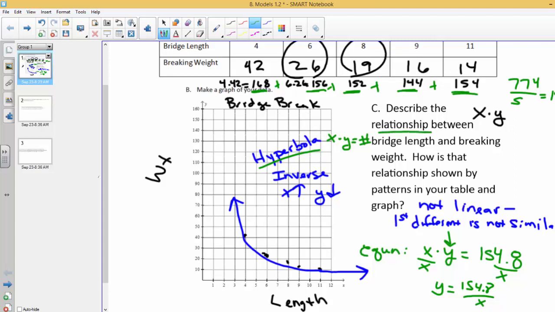So the relationship is as x goes up, y goes down by less and less. It's a hyperbola.